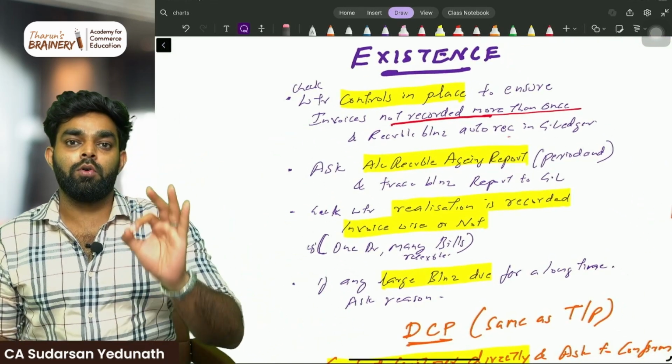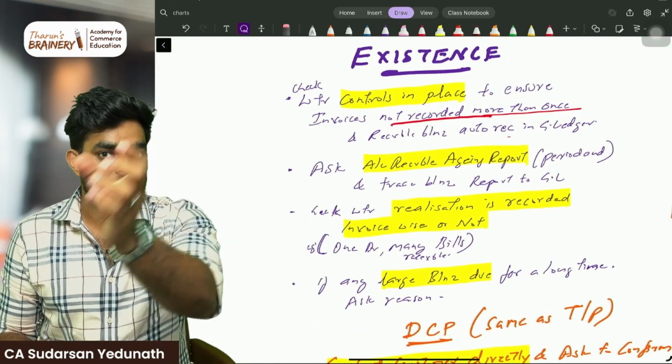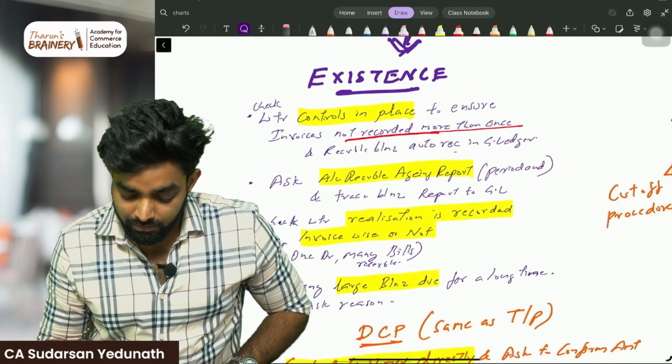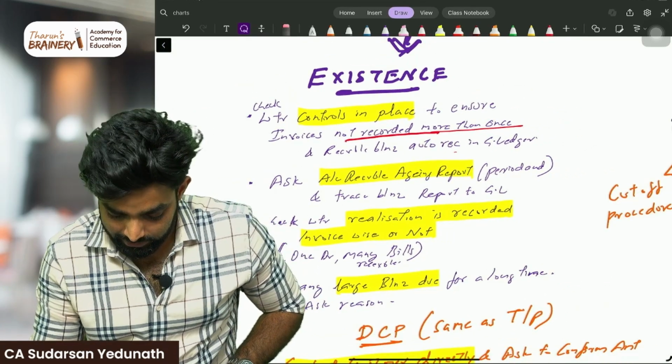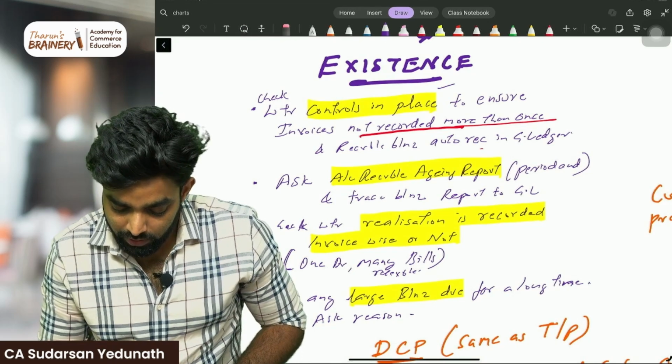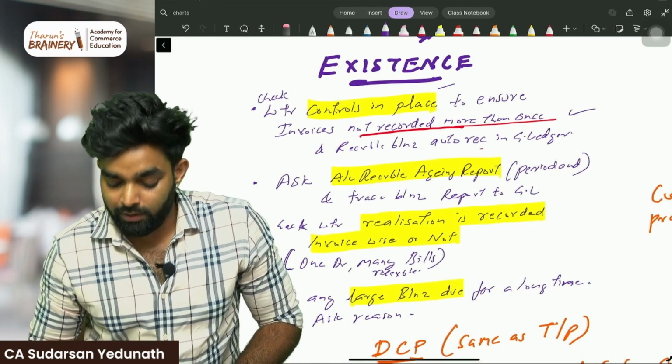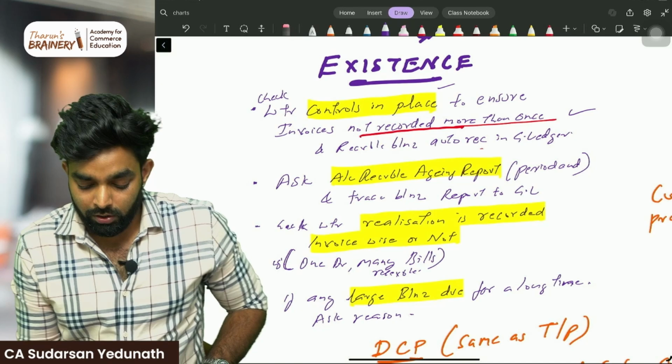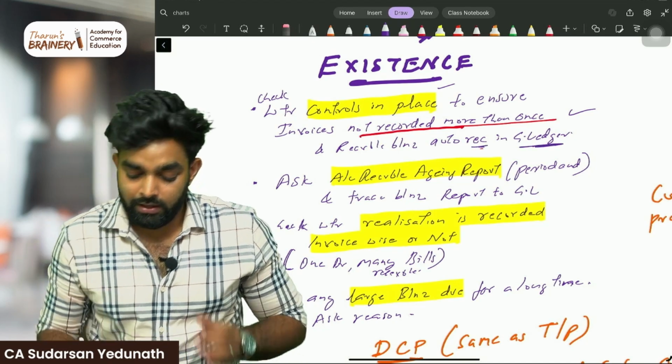So as an auditor, how are you going to check whether debtors actually exist or not? First, whether there are controls in place to ensure invoices are not recorded more than once and receivable balances are auto recorded in the general ledger.